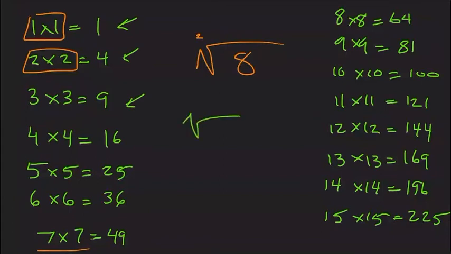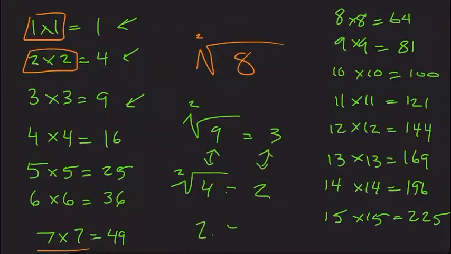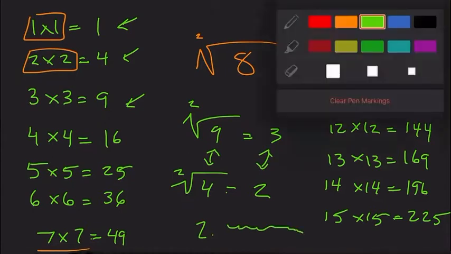If you take the square root of 9, you get 3. If you take the square root of 4, you get 2. Because 8 is between these two numbers, that means the square root of 8 is going to be between these two. In other words, it's going to be 2 point something, and it's going to be a number that goes on forever. That's just how it works out.